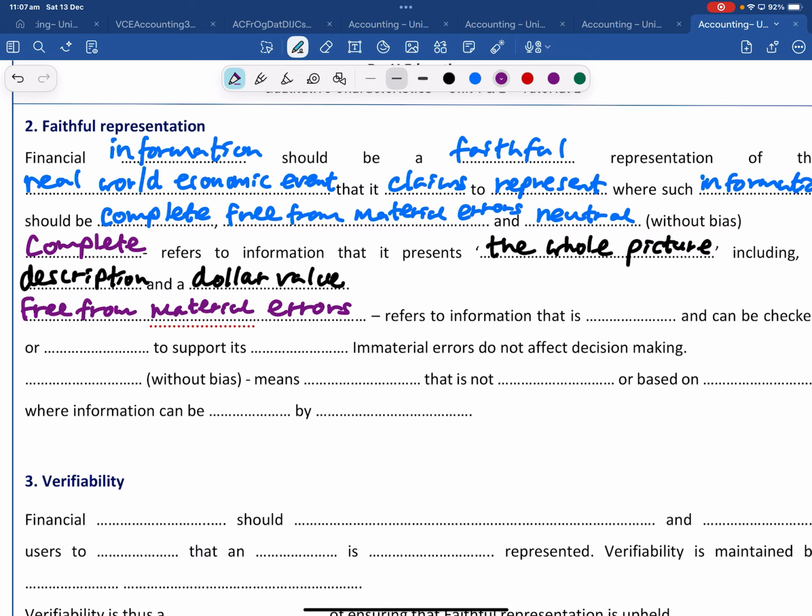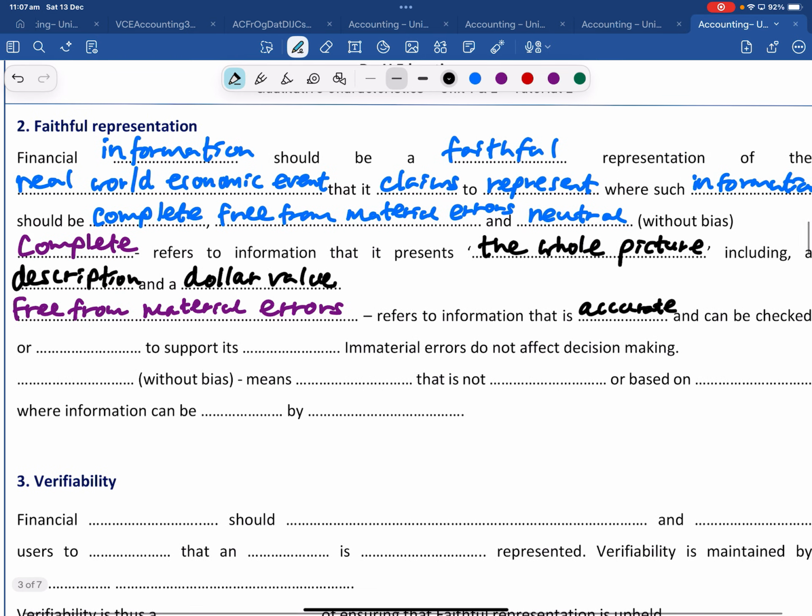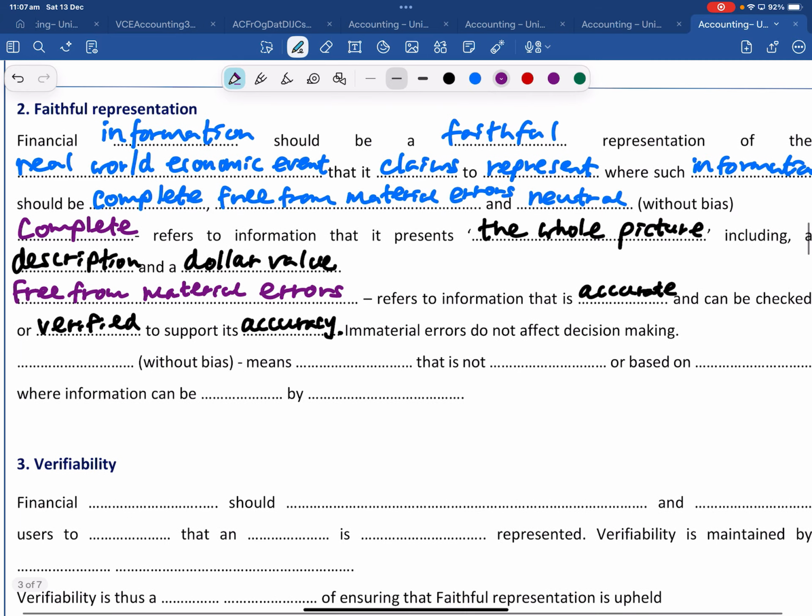Refers to information that is accurate and can be checked or verified to support its accuracy. Immaterial errors do not affect decision making. Next one, neutral.